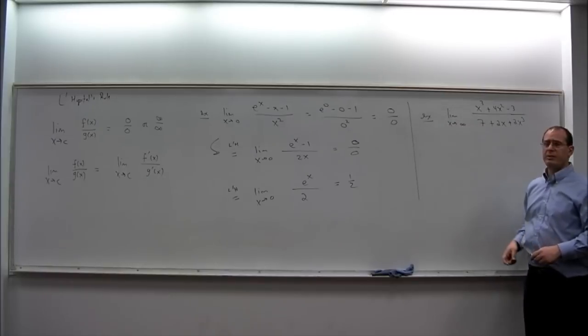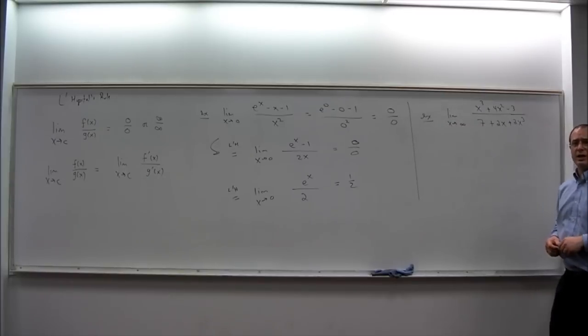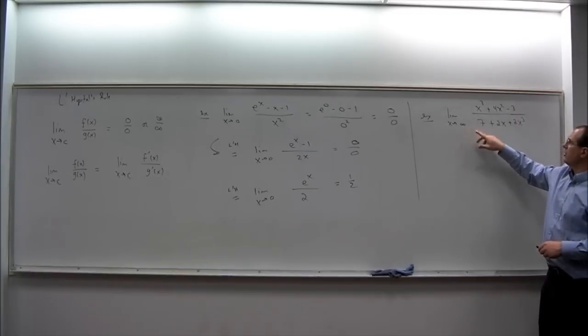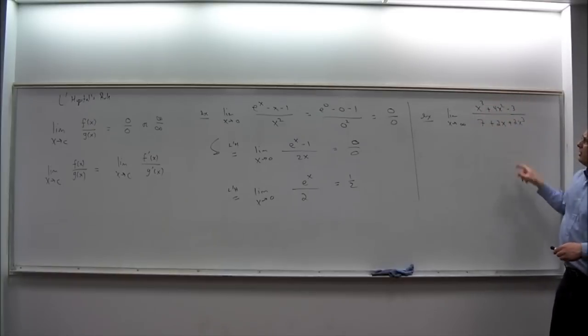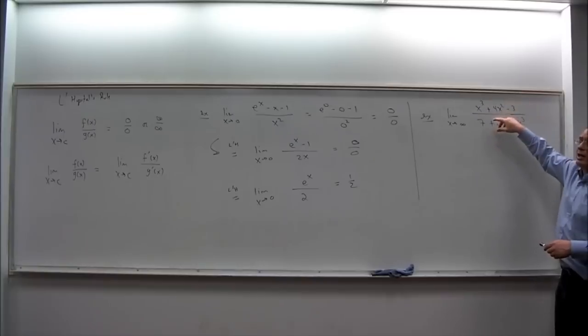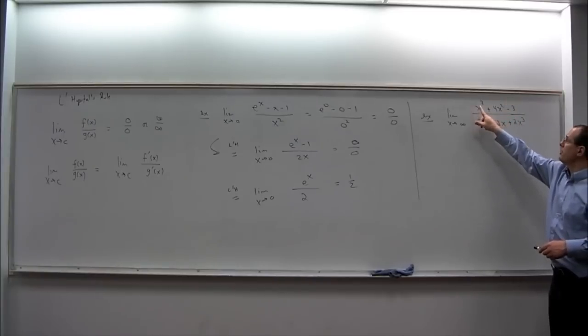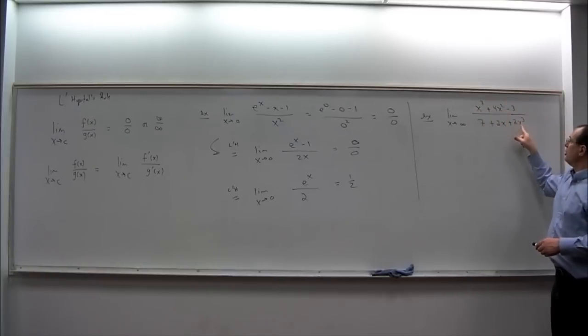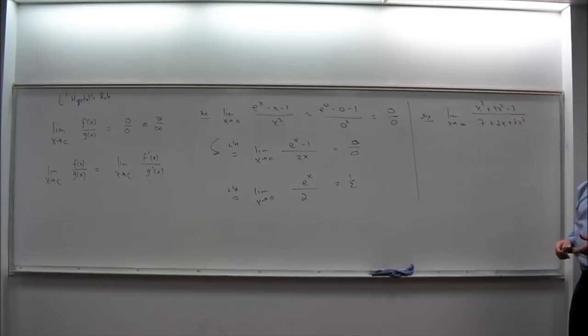We're calculating the limit as x goes to infinity. If we get a numerical answer for this, then the line y equals that answer will be a horizontal asymptote for the function here. Now, you may already know that in this situation the answer is the ratio of the lead coefficients. So x cubed, 2x cubed, the answer will be 1 over 2, which is 1/2.